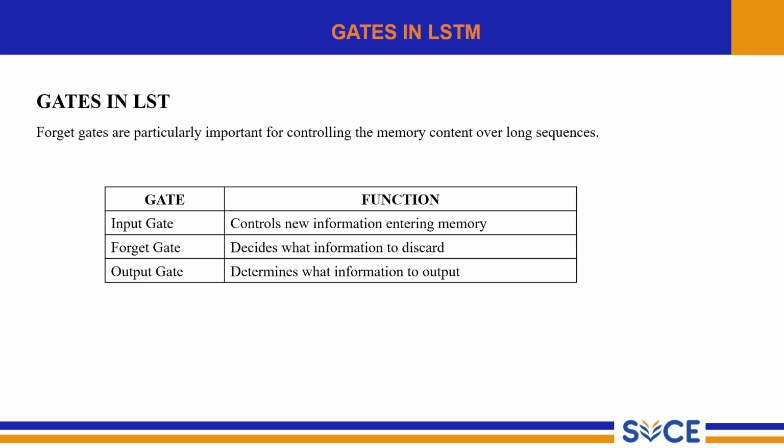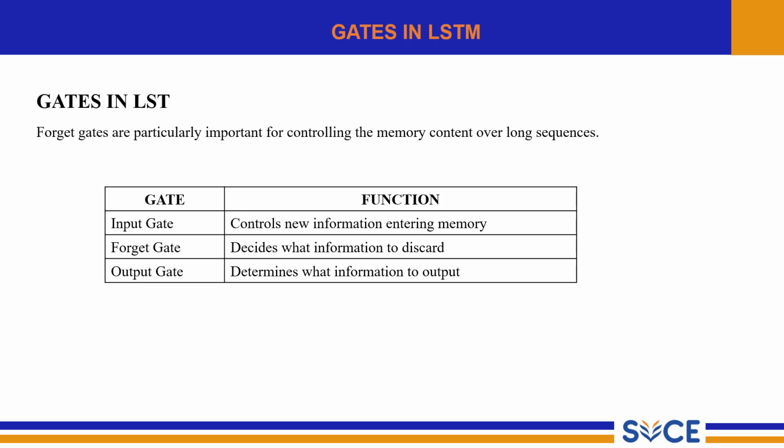Why it is used is that it is essential because it allows the LSTM to maintain a clean and relevant memory state over long sequences. Without it, the model would either store too much unnecessary information or lose important long-term dependencies. By selectively forgetting irrelevant data, the LSTM ensures that only meaningful information is carried forward through time.